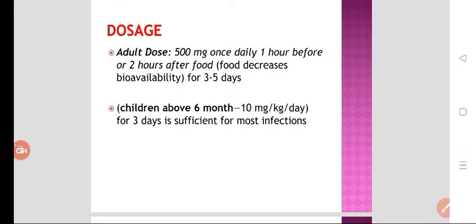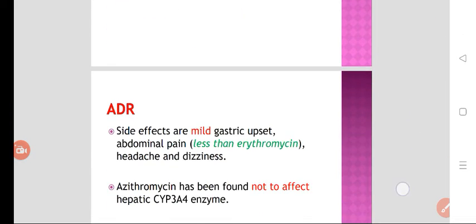For children above 6 months, 10 milligram per kg per day is the dose, and 3 days is sufficient for most infections. It is given as a single daily dose because the elimination half-life is more than 50 hours.